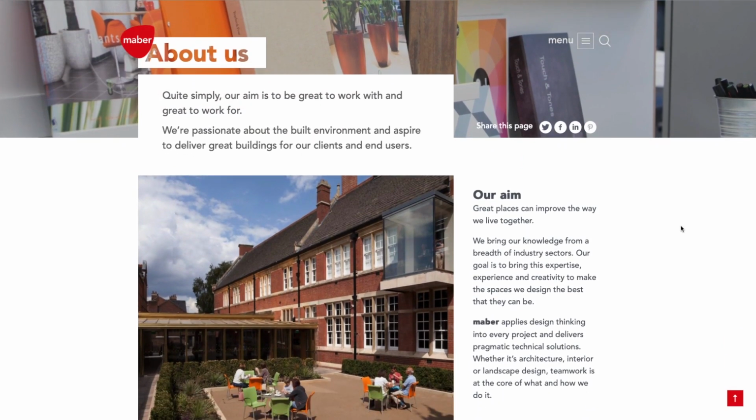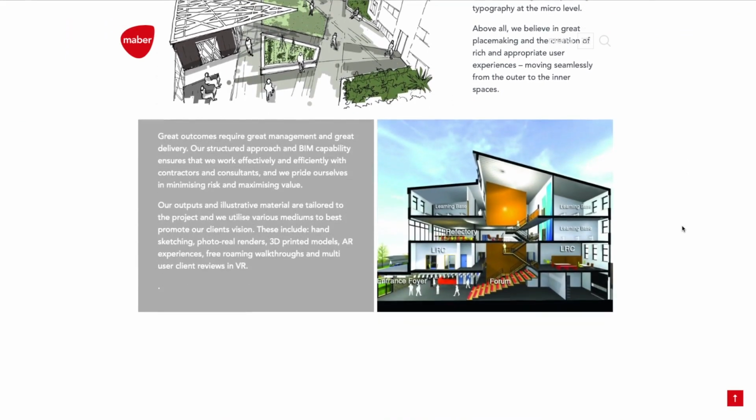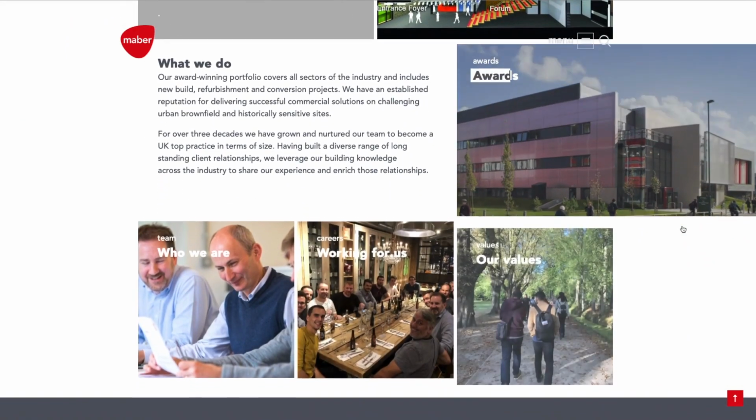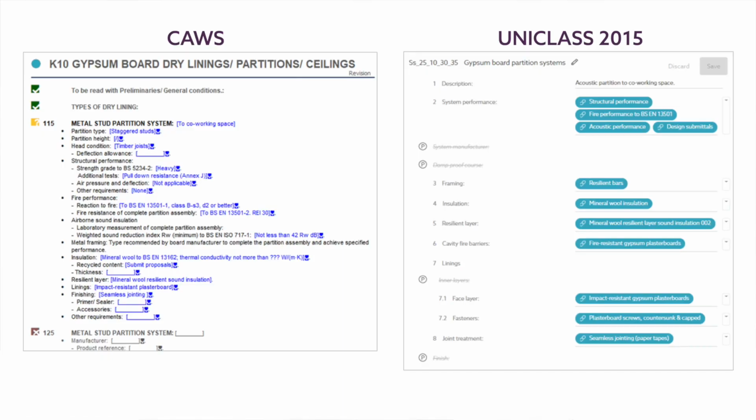Okay, thank you. So Nick, in terms of the structure of a specification, what are your opinions on common arrangement of work sections versus Uniclass 2015 structure? Okay, so obviously CAWS is a very familiar and well-recognised system within the industry. It goes back a long way. It's relatively simple to use and has the checklist method. So you take out the stuff that you don't want, just leaving the stuff that you do want.